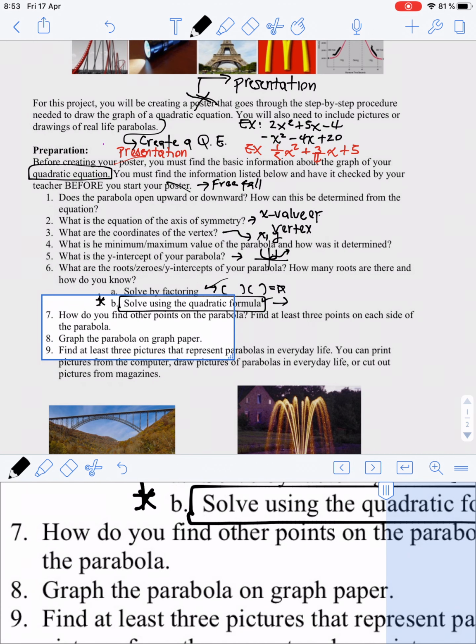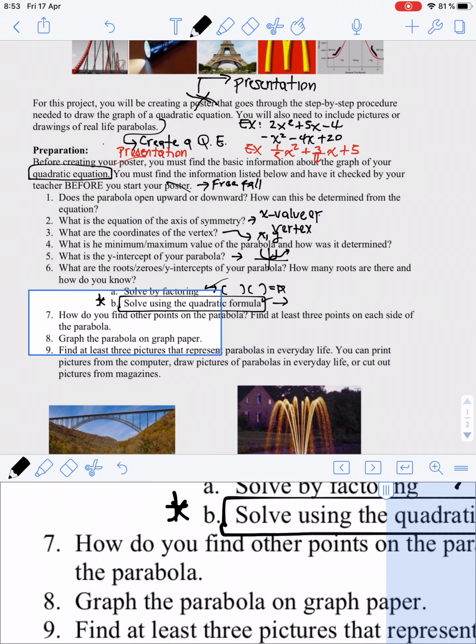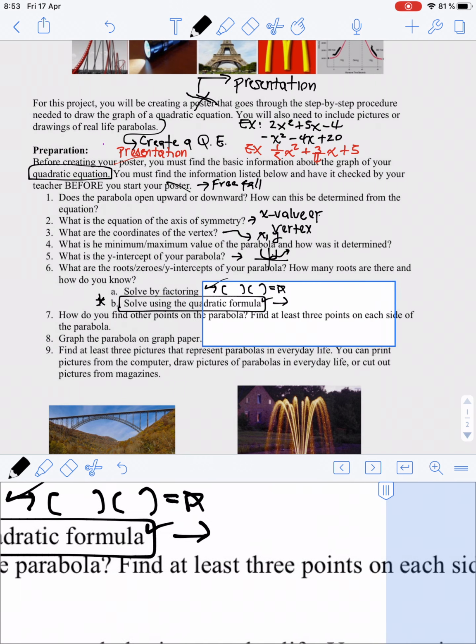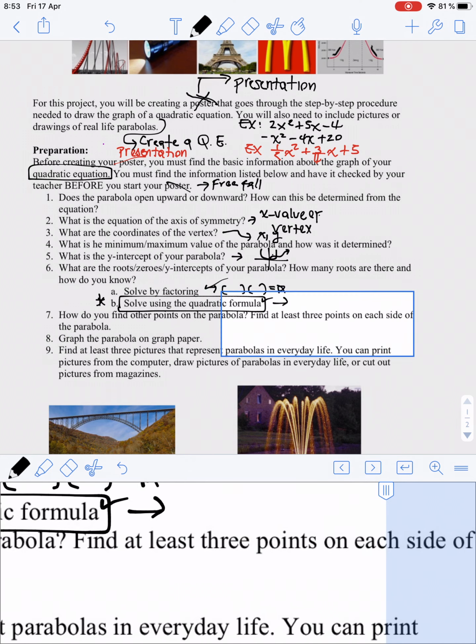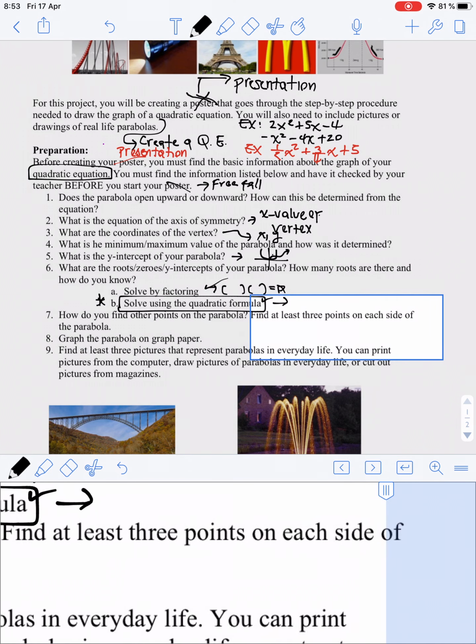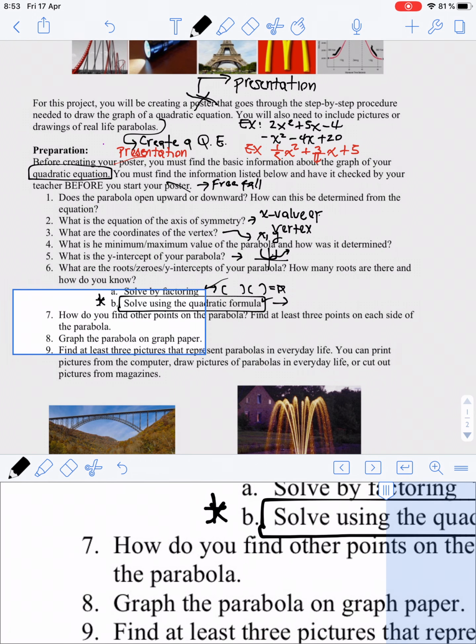Okay. The 7, how do you find other points on the parabola? Find at least 3 points on each side of the parabola. For the point 7, for example, I'm going to do it over here for this point.